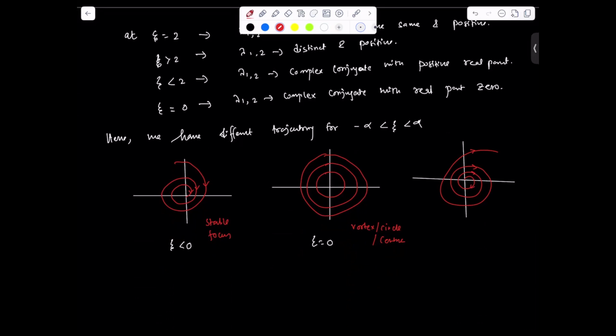Diverging. So this is the condition for zeta greater than 0, and it is actually, we can say, an unstable focus. Stable, we already have done in the last lecture.